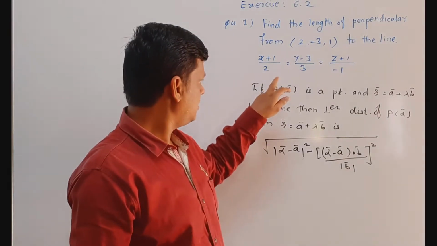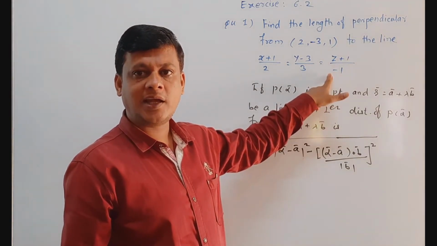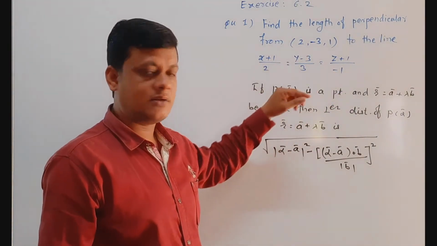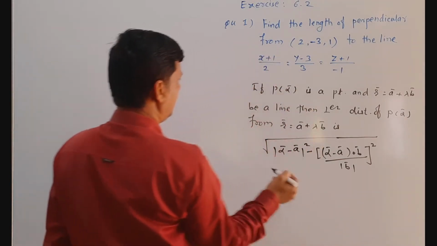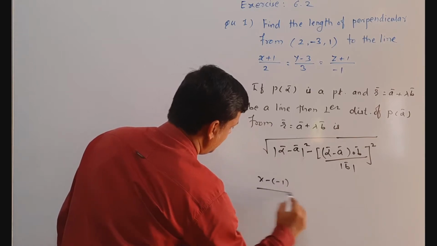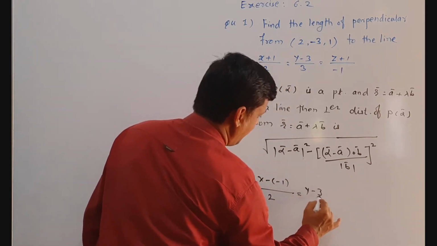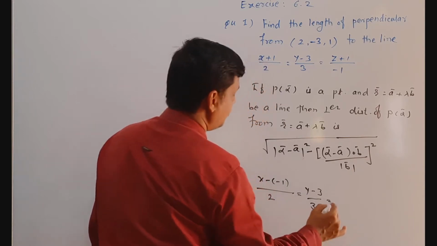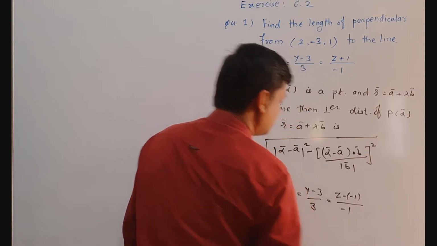So here this 2, 3, minus 1 are the direction ratios of a line parallel to the given line, and this line passes through the point, because this line we write in the form x minus minus 1 upon 2 is equal to y minus 3 upon 3 is equal to z minus minus 1 upon minus 1.